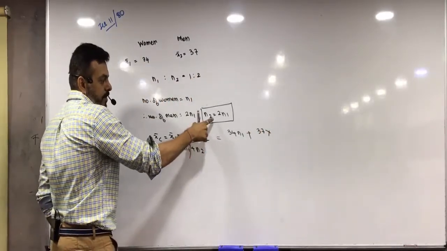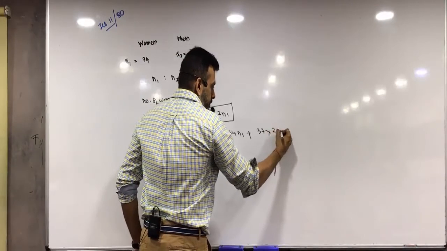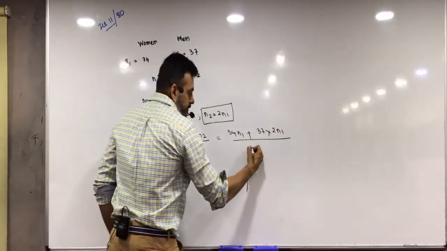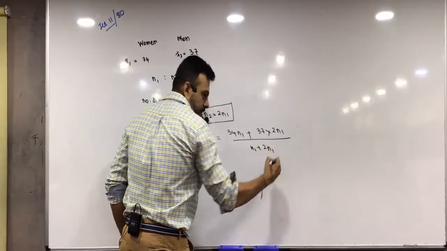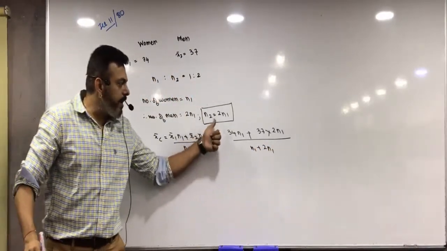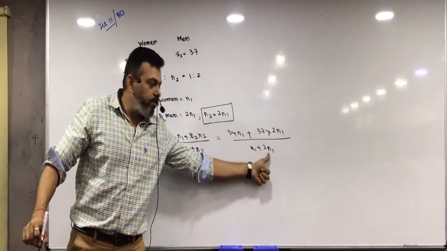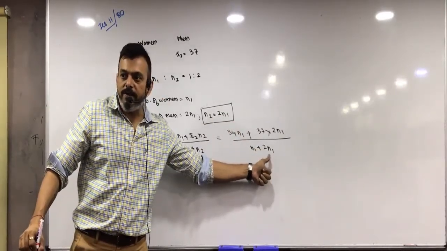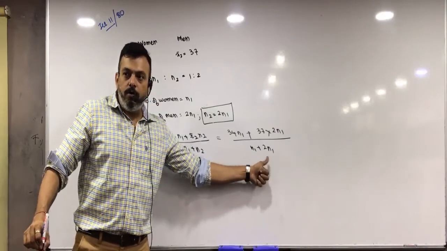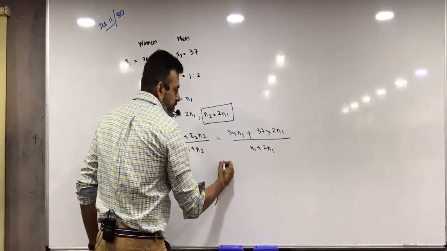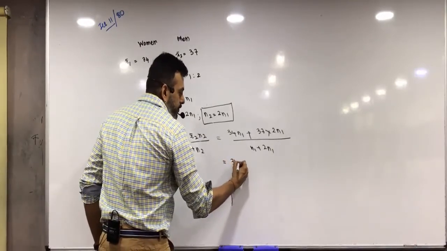What is n2? n2 is 2 n1, upon n1 plus 2 n1. n2 kya hai? 2 n1 hai. So n2 is equal to 2 n1. Ye sabko pata chala? All of you? Yes. Okay.